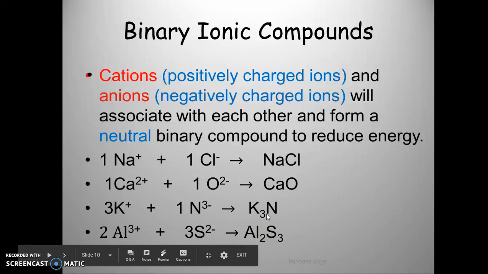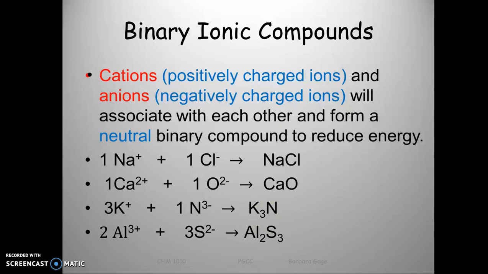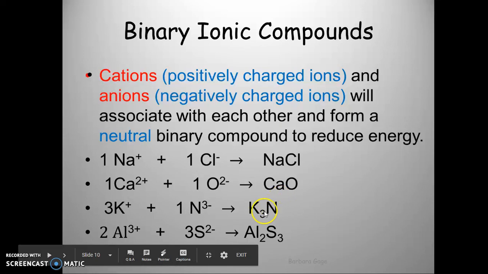The way that I remember what number of a subscript to put down below is they just take the charge of the opposite atom. So here, potassium took the charge of the nitrogen, which was 3. Here, nitrogen took the charge of the potassium, which was just a +1. So we don't typically write the ones down there, but we know that it's just one atom of nitrogen.